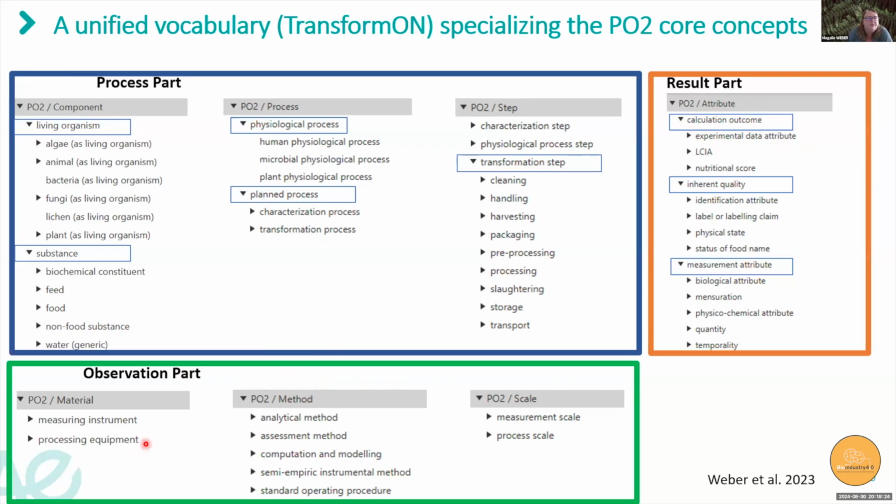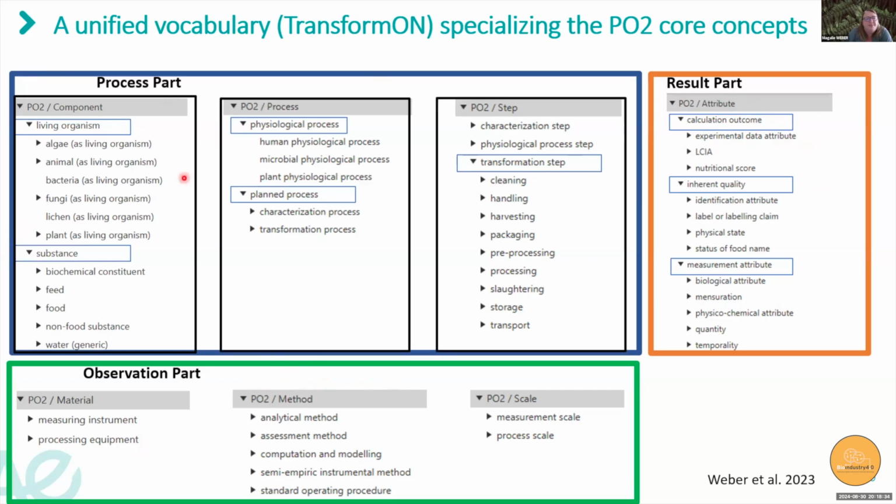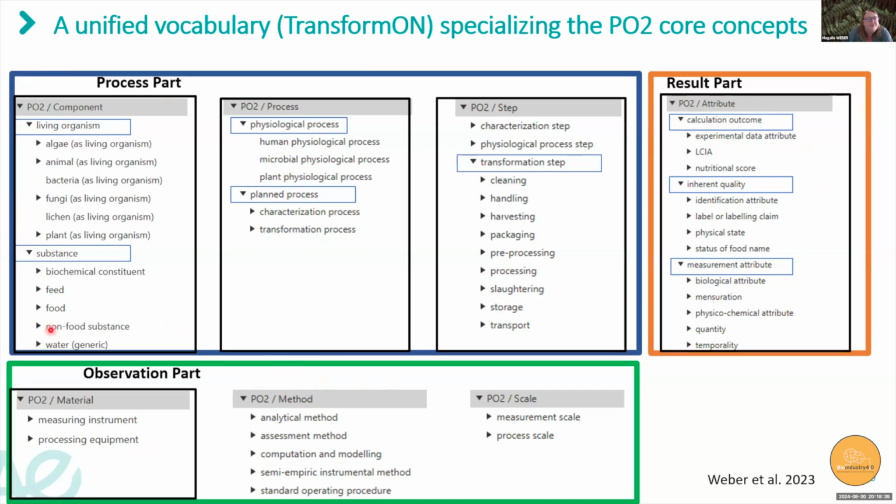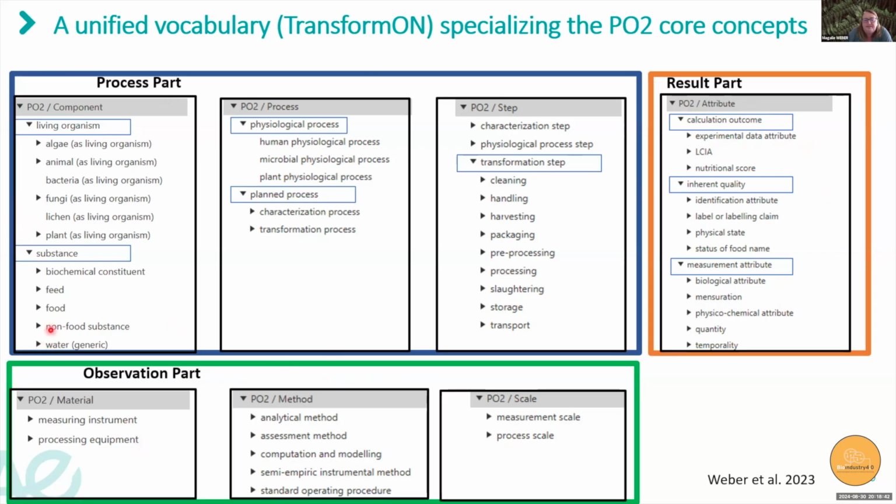And as you can see, we have the main core concepts here, which are specialized. And we have PO2 component, PO2 process, PO2 step, the PO2 attributes, and finally in the observation part, PO2 material, method, and PO2 scales. And finally, steps are the elementary operating conditions. Here you are only seeing the upper level, but we have a deep hierarchy behind.